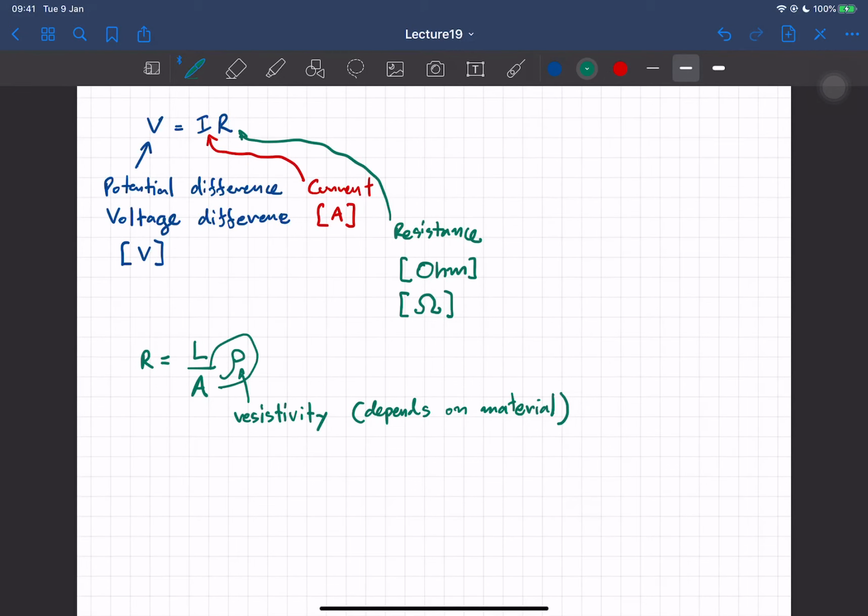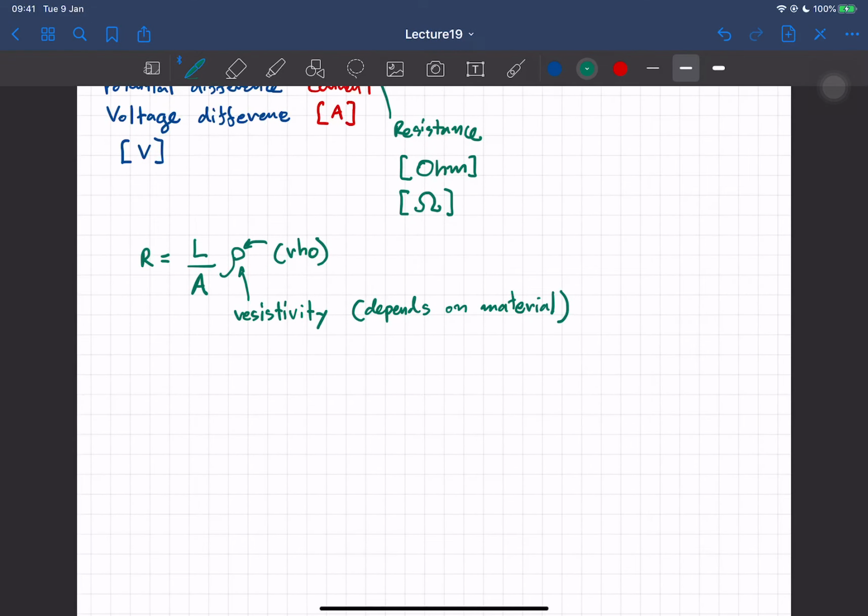And this letter looks like P, but it's actually Rho, another Greek letter. So it's P with kind of a curly tail. Okay, so this is Rho. And different materials will have different resistivity, different rho.